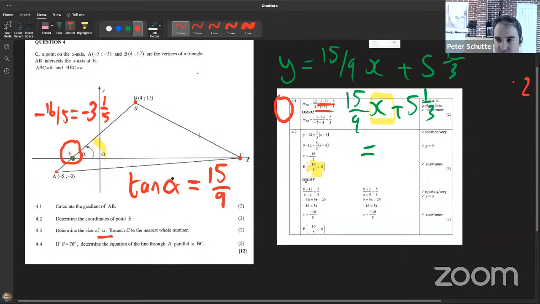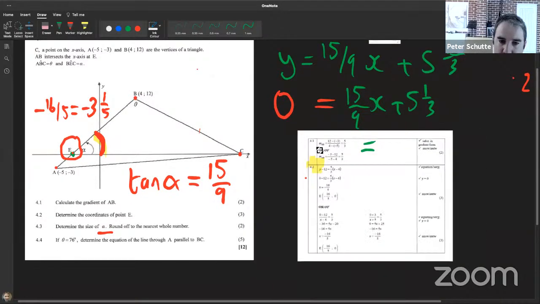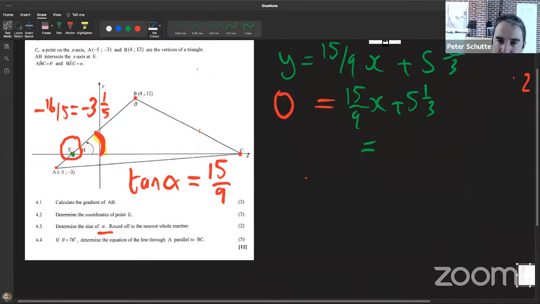Can you please get me the answer in the chat? You need to use what's called the inverse trig function. So you go shift tan 15 over 9, and then you will get this angle over here. I'll give you a moment to have a look at that while I get rid of this bit of working. What answer do you get for the positive alpha angle?